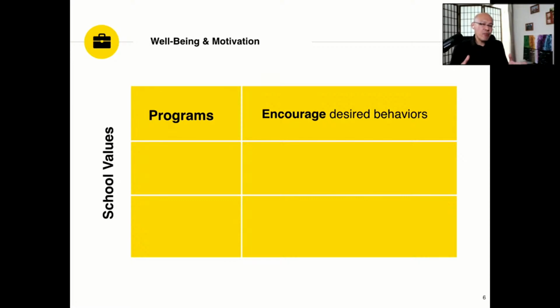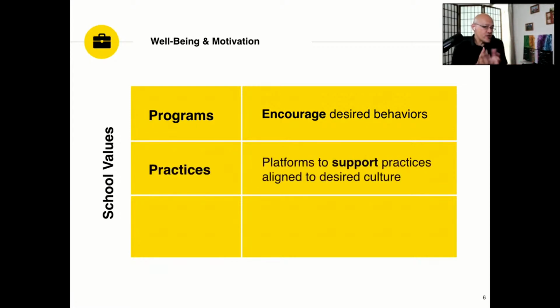Now, at a certain point in time, these programs are going to become a mainstay. In other words, even without these programs in place, you are still going to see this set of behaviors becoming commonplace. And when you see that, you are able to say that, well, it's become common practice. So with common practice, what you want to do is put in place platforms and structures to support these practices.